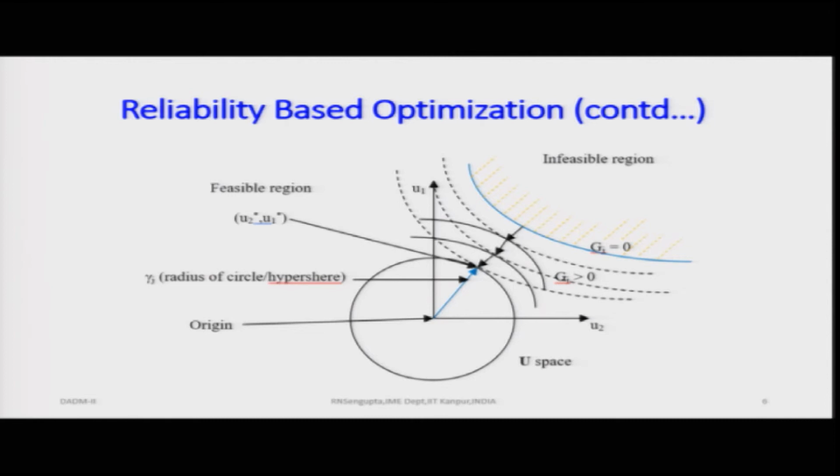The moment it becomes tangent, or touches that boundary, that value of beta would dictate the actual value based on which you solve the problem, and that will give you the level of reliability and the solution. Solution means the value based on which you are trying to solve the problem, that iterative method.